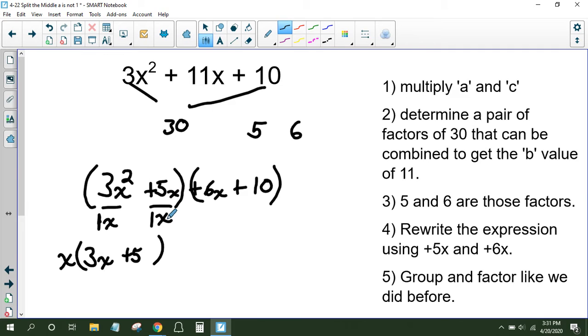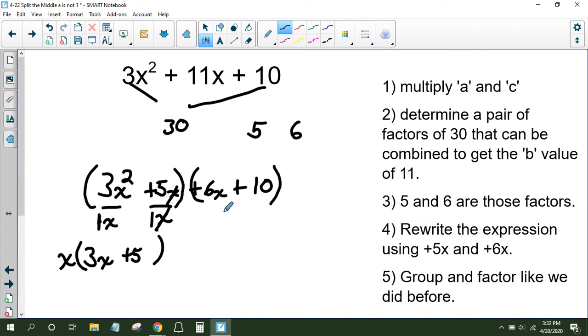And then x divided by x, these x's will cancel each other out. What we really have is an x divided by an x is just 1. So it'd be like having a 5 times a 1 here, which is still just 5. So we have x times parentheses 3x plus 5.